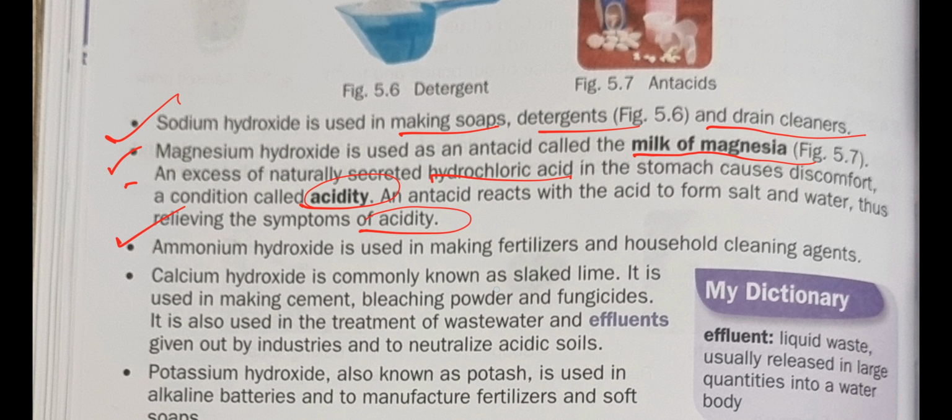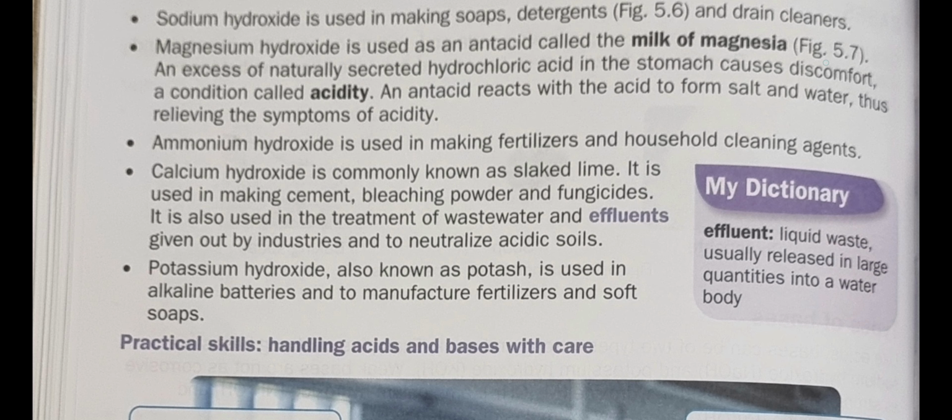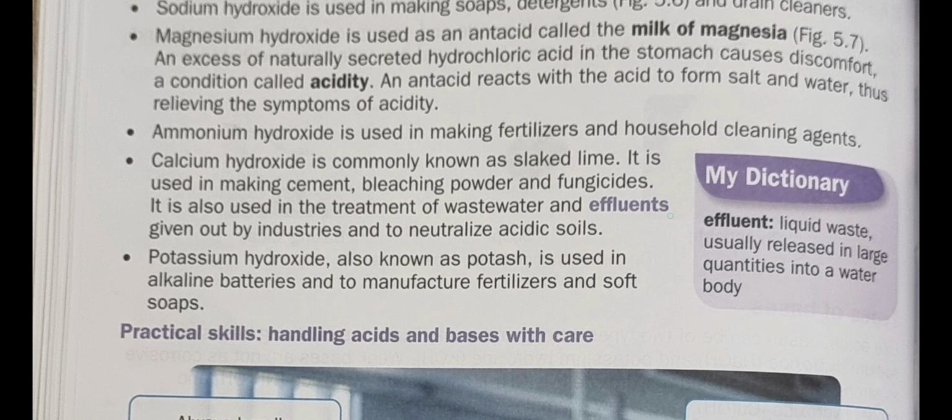Ammonium hydroxide is used in making fertilizer and household cleaning agents, and calcium hydroxide is commonly known as slaked lime. It is used in making cement, bleaching powder and fungicides. It is also used in the treatment of waste water and effluents.